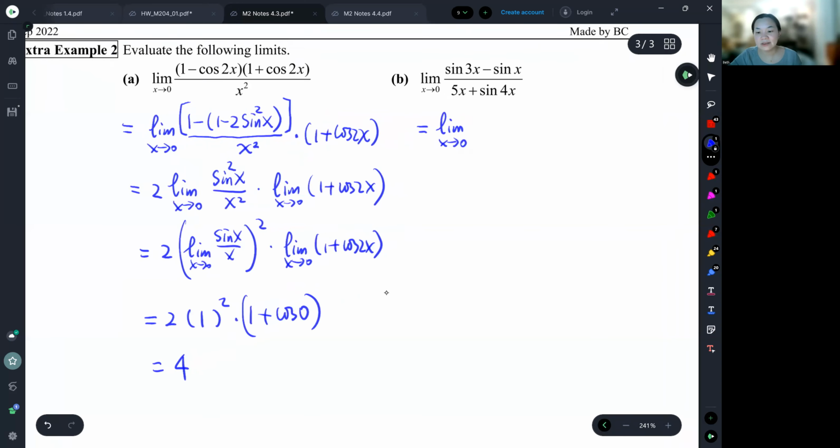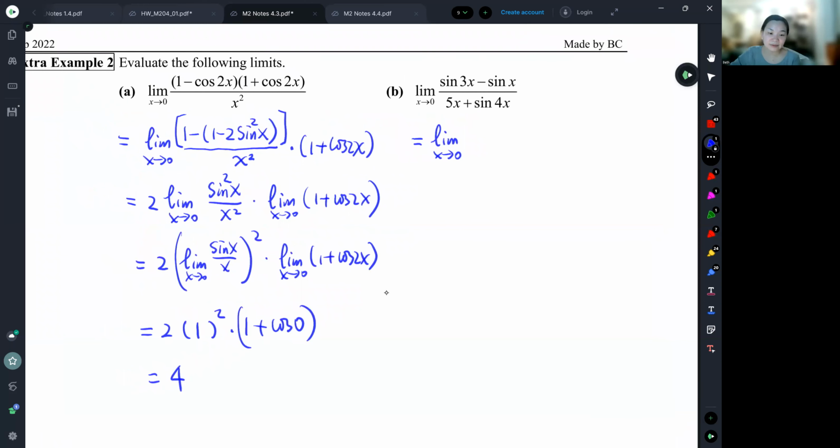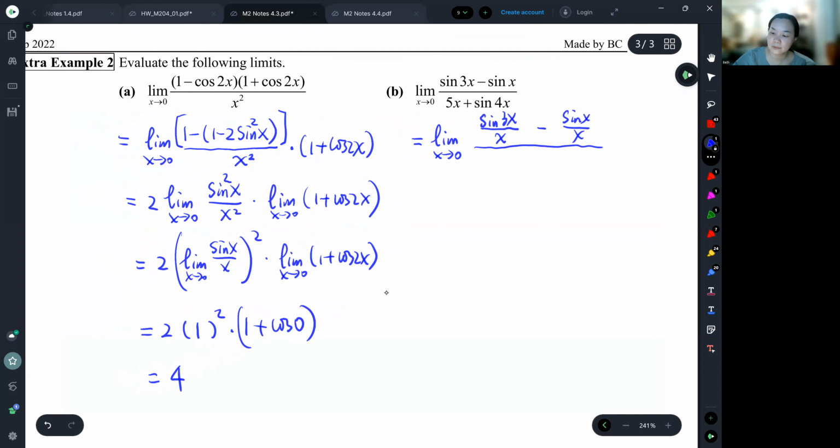So if this happens, I will do dividing in every term. This one is very similar to the limits at infinity, but it's not. It really is not. It's not the same type.